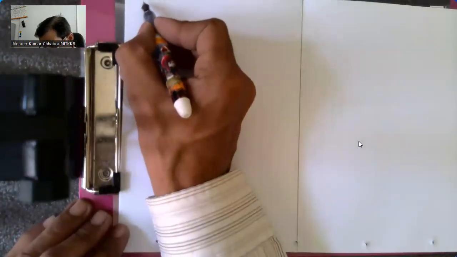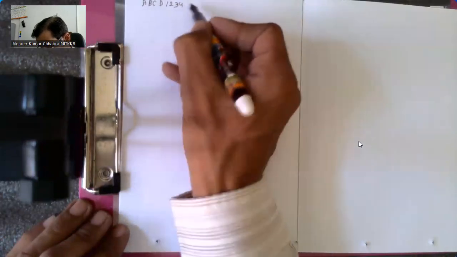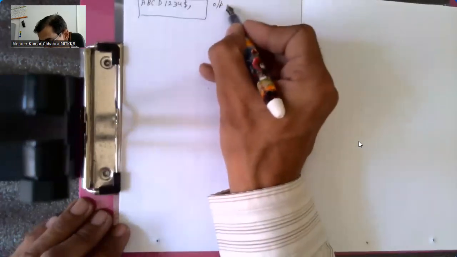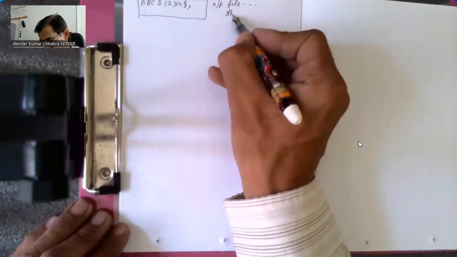So whatever file, let's say you have A, B, C, D, 1, 2, 3, 4, dollar, comma, and now you have stored a file. Your output file you created through a program or through Notepad, whatever.